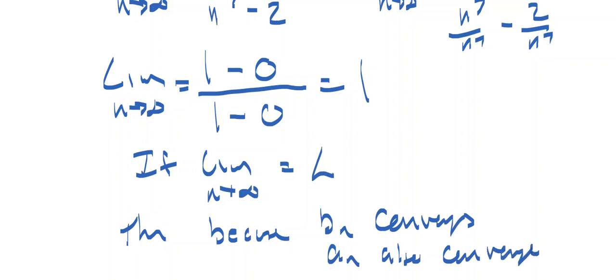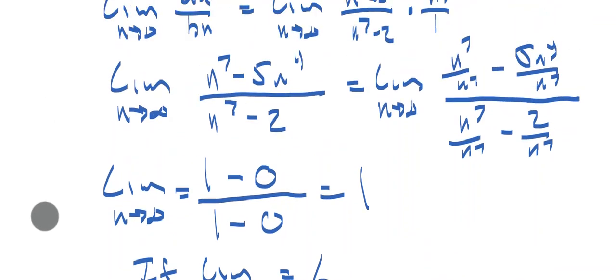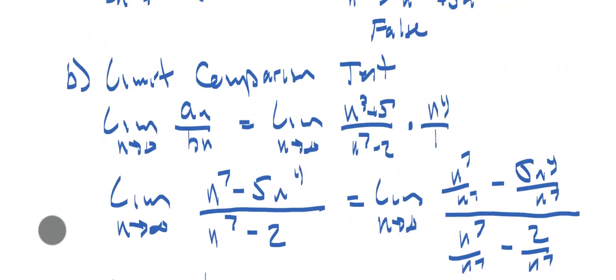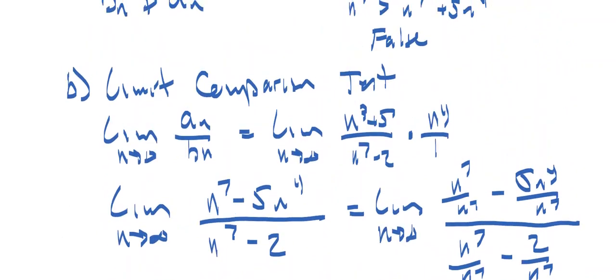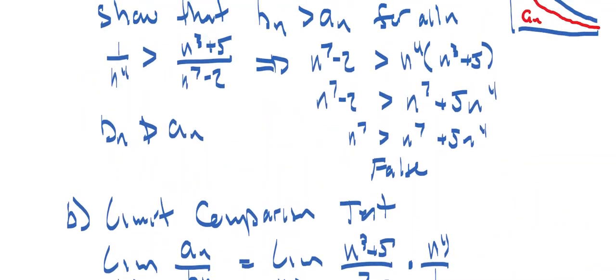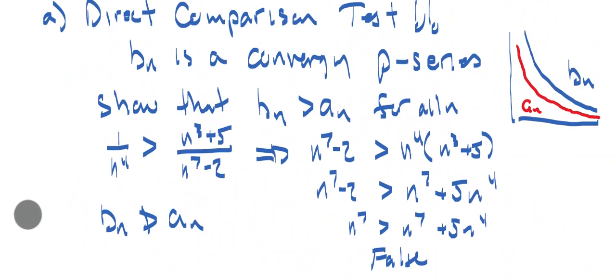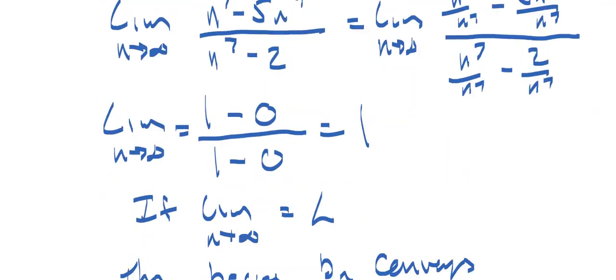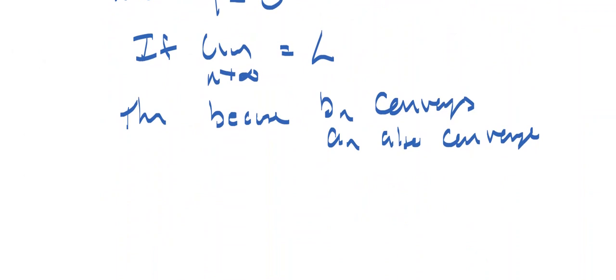The rule is that if the limit approaches a finite value L, then both the series converge or diverge. So a sub n and b sub n will either both converge or diverge. And since, where did we say that? Way back up here, b sub n is a converging p-series. So since the limit is a finite number and b sub n converges, a sub n also converges.